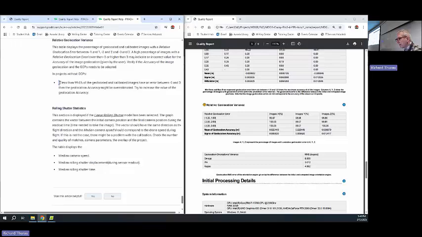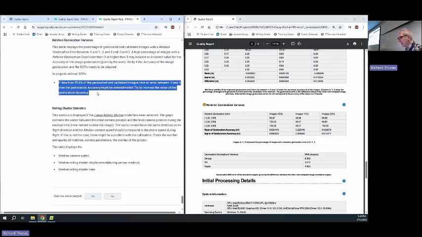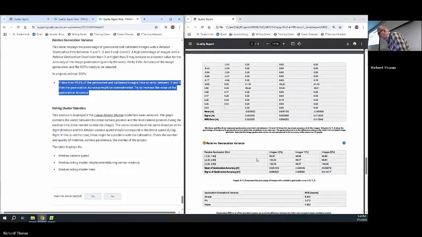And then this bullet down here says if less than 99.6% of the geolocated and calibrated images have an error between -3 and 3, then geolocation accuracy might be overestimated. All right, so what we're looking at here is the percentage of the images that fall within these variances.